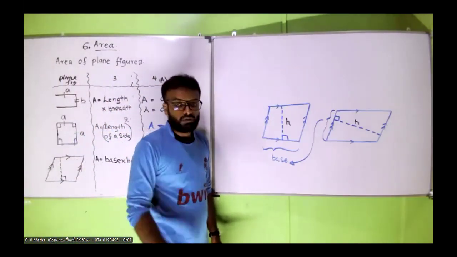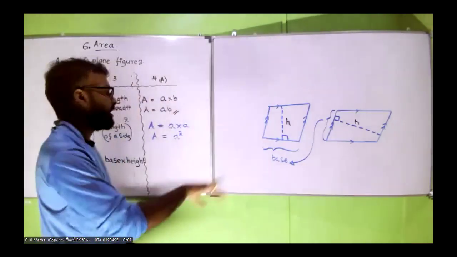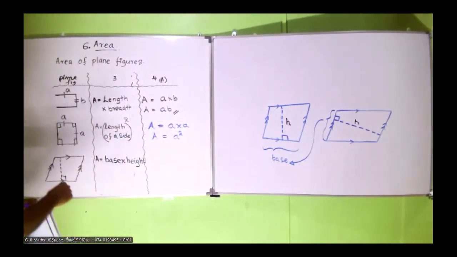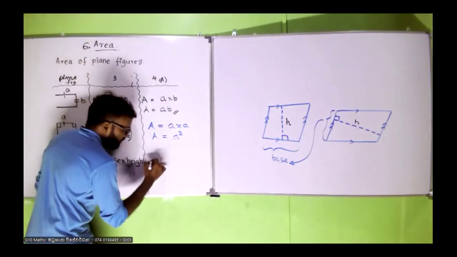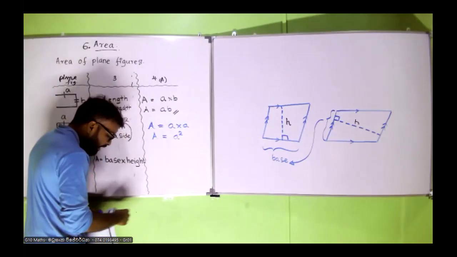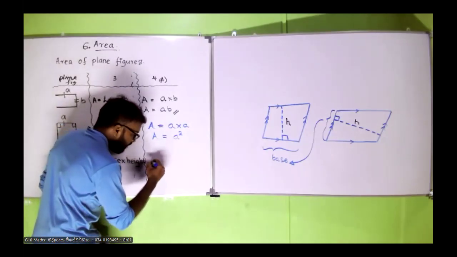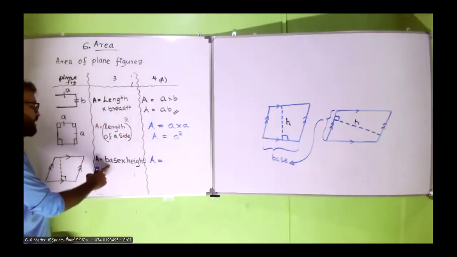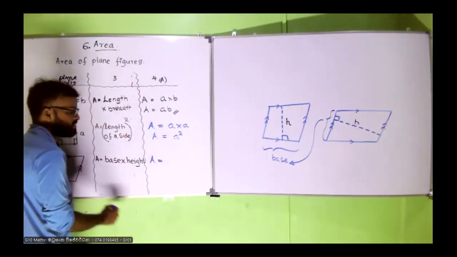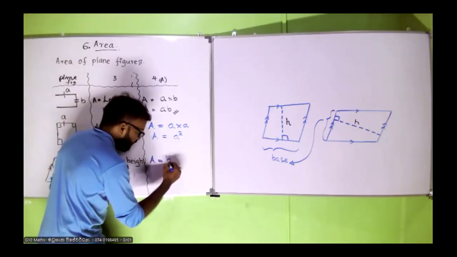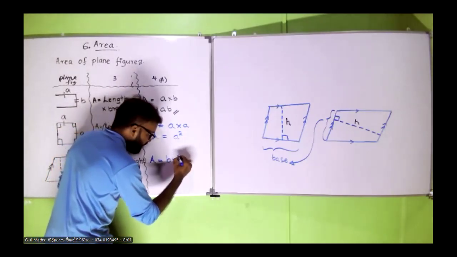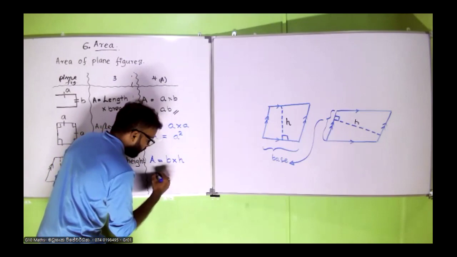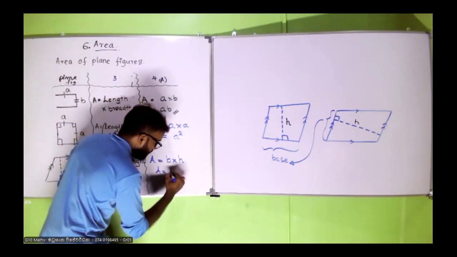Very basically, the formula can be written as A equals, if we take the length of base as B, multiplied by height H, so finally you will get A equals BH.